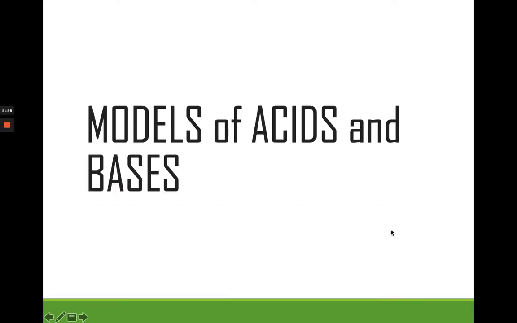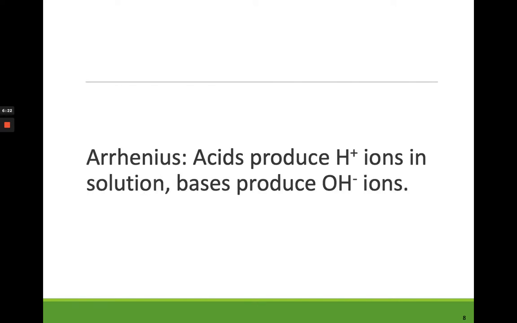And that is why we have different models of acids and bases, because earlier they thought of acids as really the chemicals that have H plus at the beginning and then it dissociates, but it's not true anymore. Okay, so in this part of the lecture we are going to listen and learn how acids and bases are described in different models. So first one is the Arrhenius model. The Arrhenius says that acids produce H plus ions in a solution, while bases produce OH minus ions.